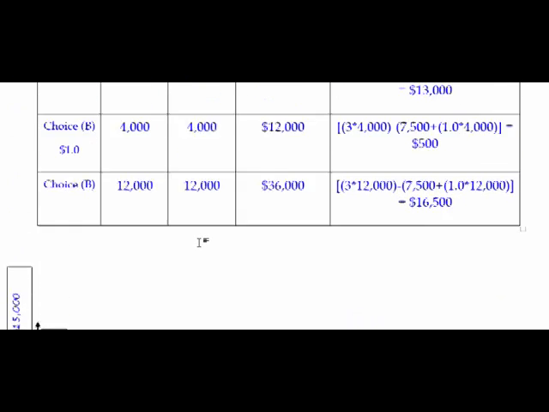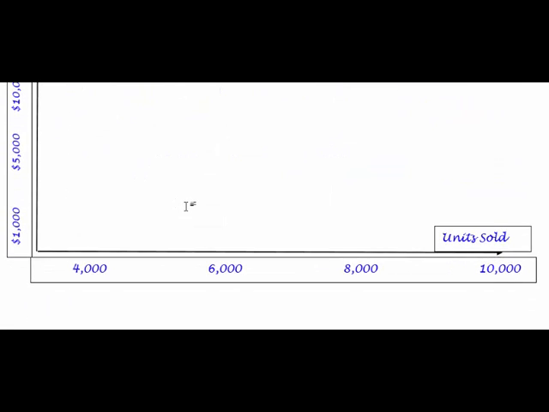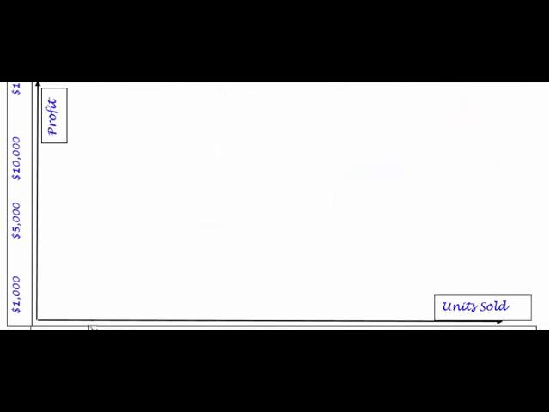So first thing is with option A, we go back up here and we want to graph the point, the units sold and the profit, right? So at 4,000 units we have a profit of 1,000, and at 12,000 units we have a profit of 13,000. So we go down here and we're going to make essentially 2 points.